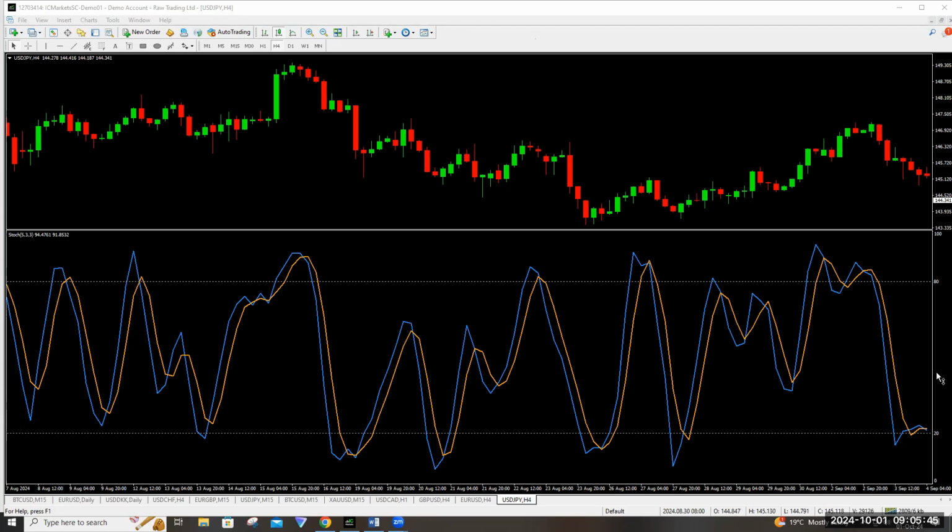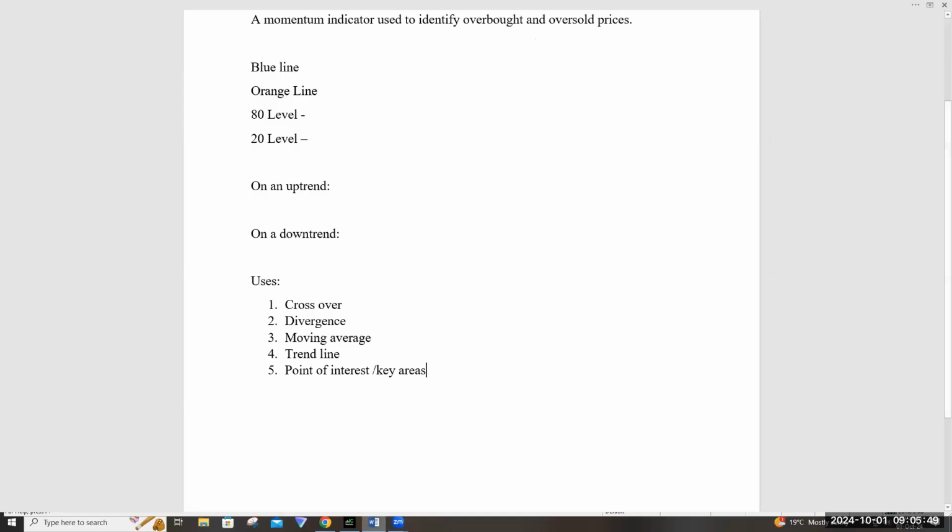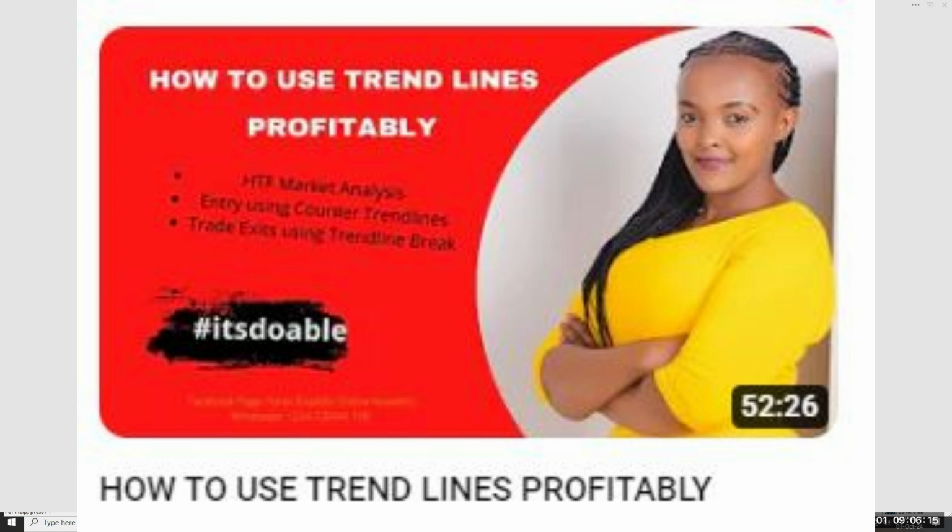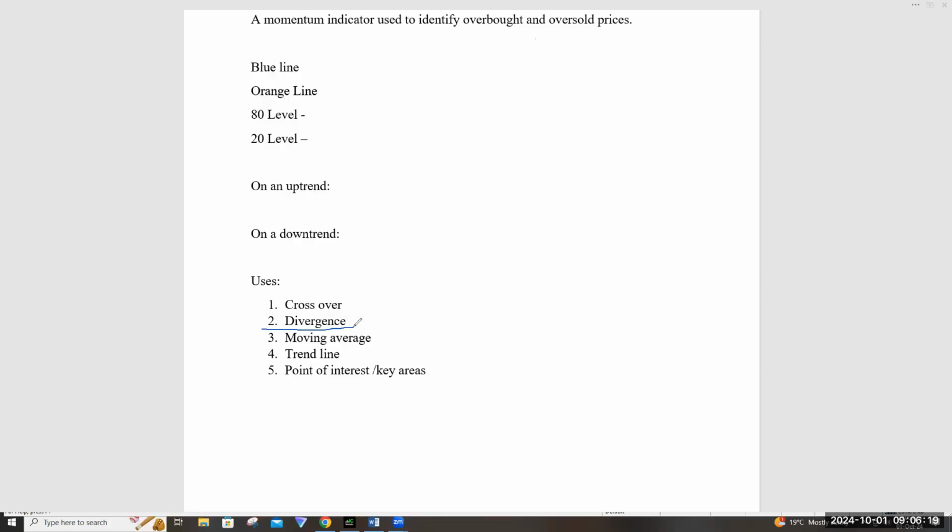Use number 2 of how you can use your stochastic indicator for entries is by using divergence. Now, we've done a very elaborate video on divergence. That is the RSI and divergence video. It has the different types of divergences and how to use them. Just in case you've not gone through that video, there are different types of divergences.